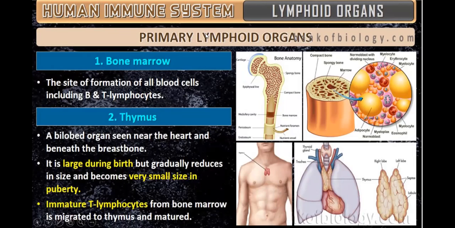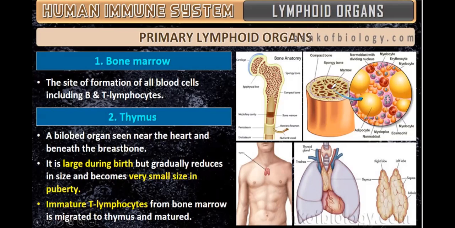Now bone marrow, that is a primary lymphoid organ. It is the site of formation of all blood cells, including B lymphocytes and T lymphocytes. This is a bone. Here there are different types of cells. This is the marrow, this is spongy bone, there is a marrow cavity, and the outer part is compact bone.